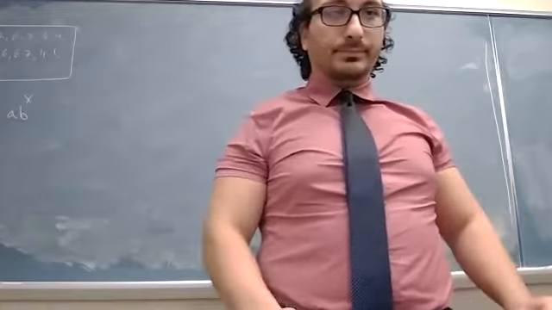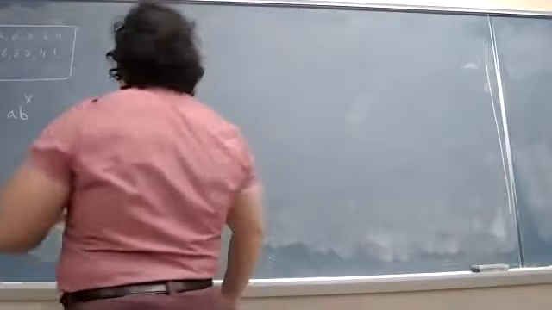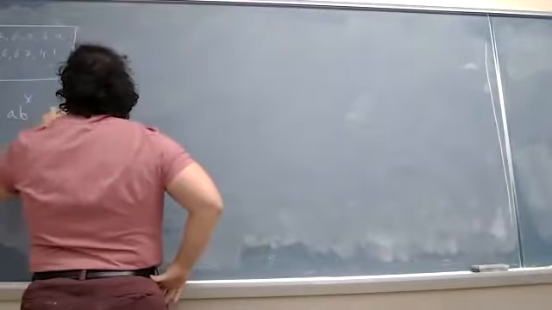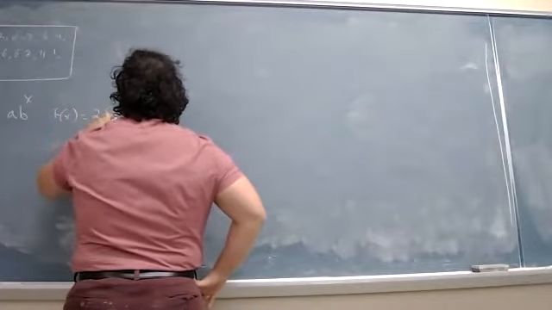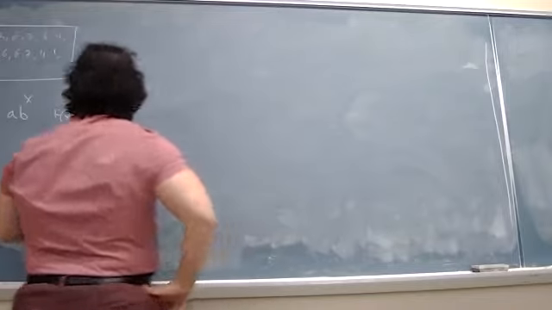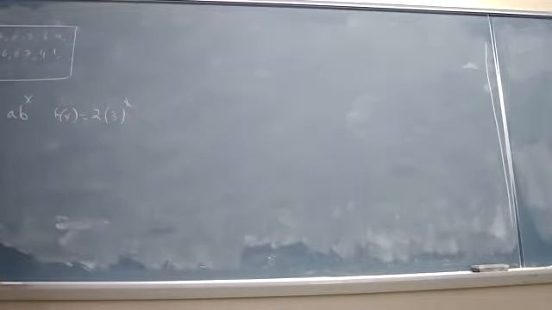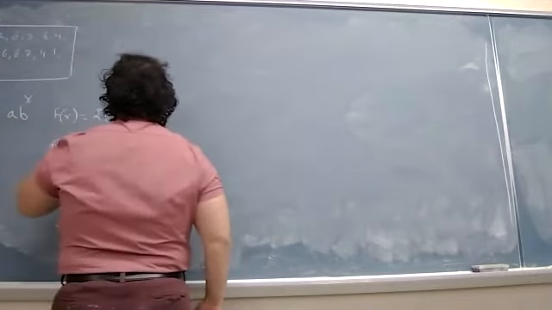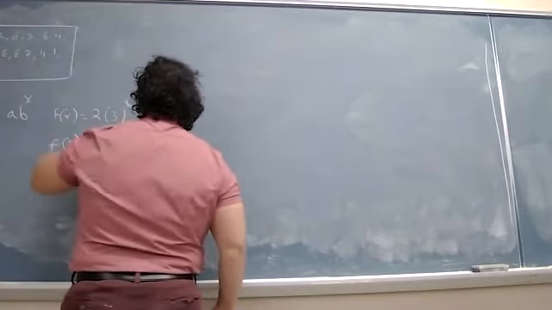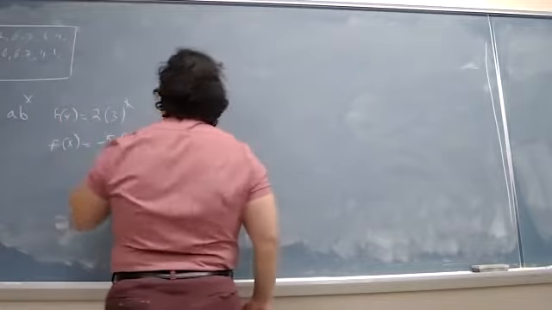Okay. So let's talk about some exponential function examples. How about f of x is equal to 2 times 3 raised to the x power? That's an example. How about f of x is equal to negative 5 times 2 raised to the x power?